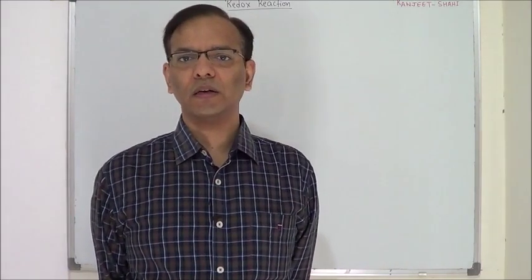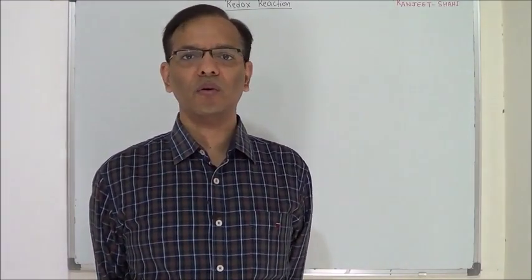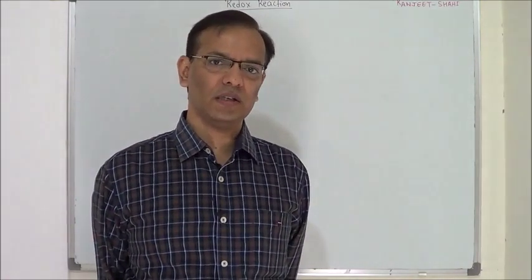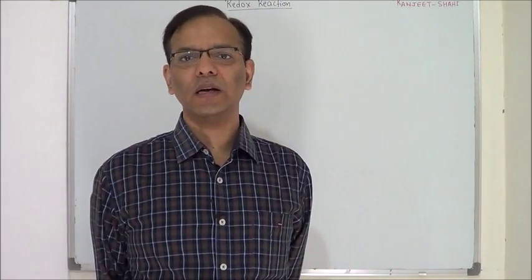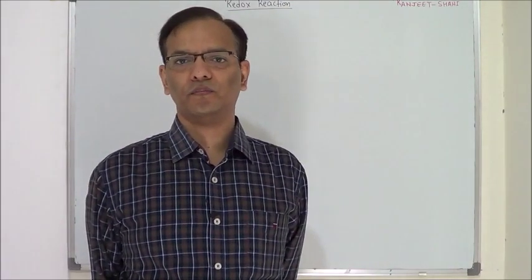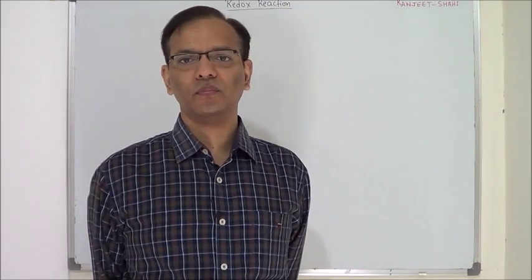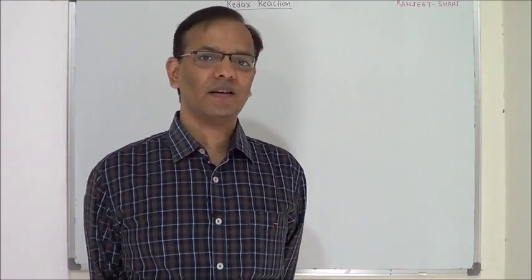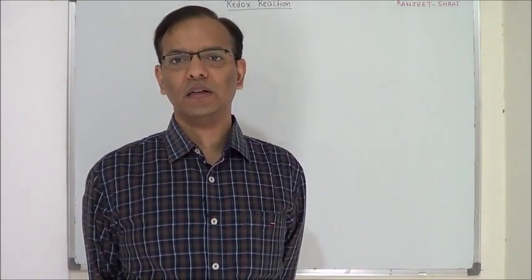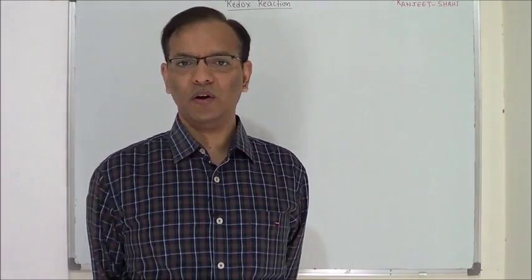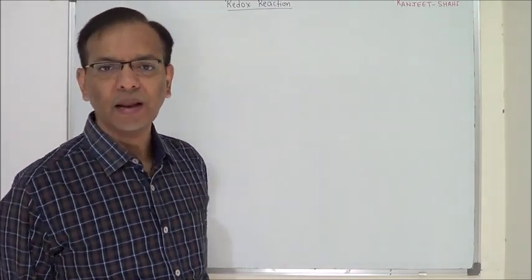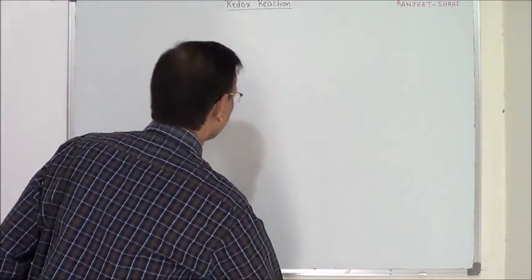Once we go through all this, at the end I will let you know a shortcut method of balancing a redox reaction also, using which you can balance any redox reaction in not more than 30 seconds, that I assure you. And balancing of redox reaction will be used in the next part of this chapter, that is to solve the stoichiometry of a redox reaction. So we are going to start balancing of a redox reaction.